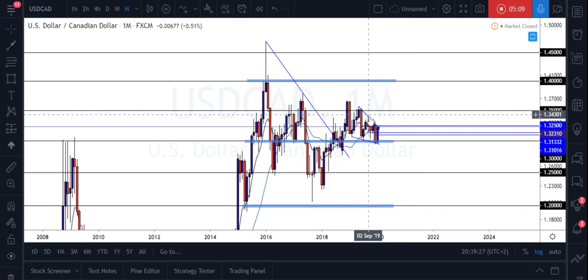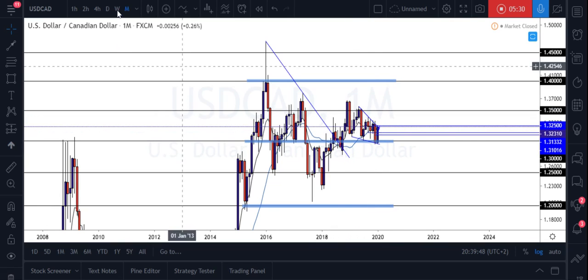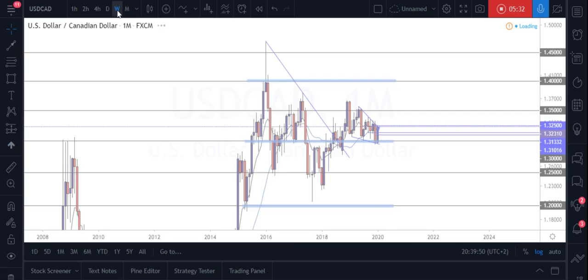Now, I am basing this solely on the fact that we have three levels of confluence, which is a 78.6 support. We have our monthly key level of 1.3 support, and we have this trend line support of 1.3, and then we have a nice bullish candle, which is the first big bullish candle in a while in this consolidation box of the wedge pattern. So my bias is bullish.